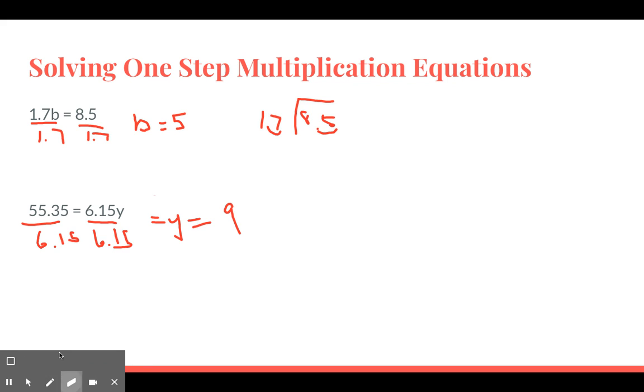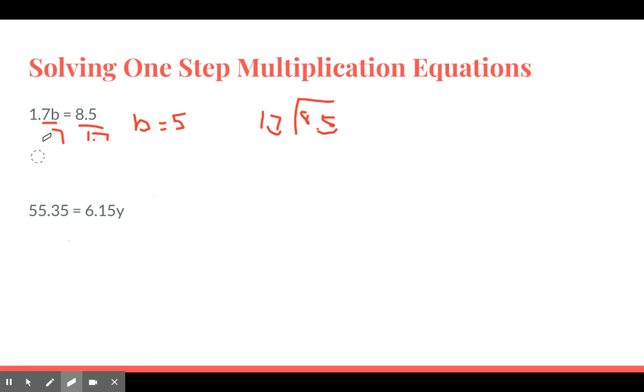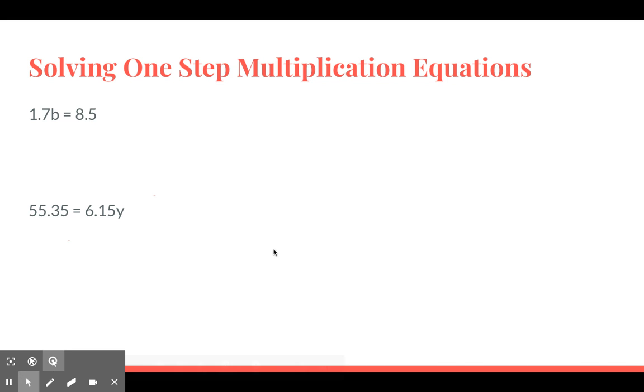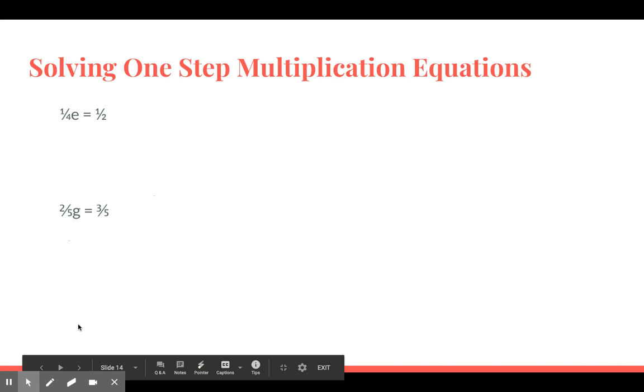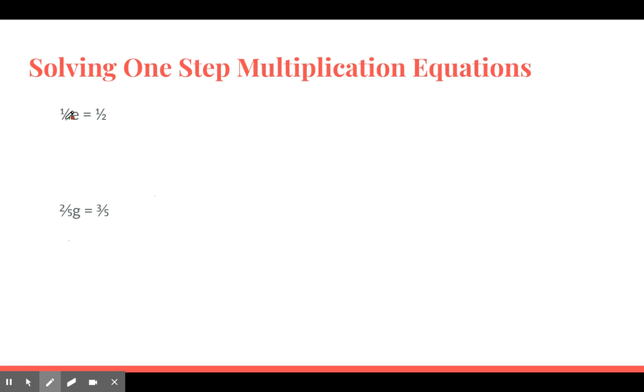So then going on to the next examples, you have some fractions. Fractions actually can be really easy because there's something that we've done in the past when we were multiplying or dividing fractions that we can do now. We can multiply by the reciprocal.